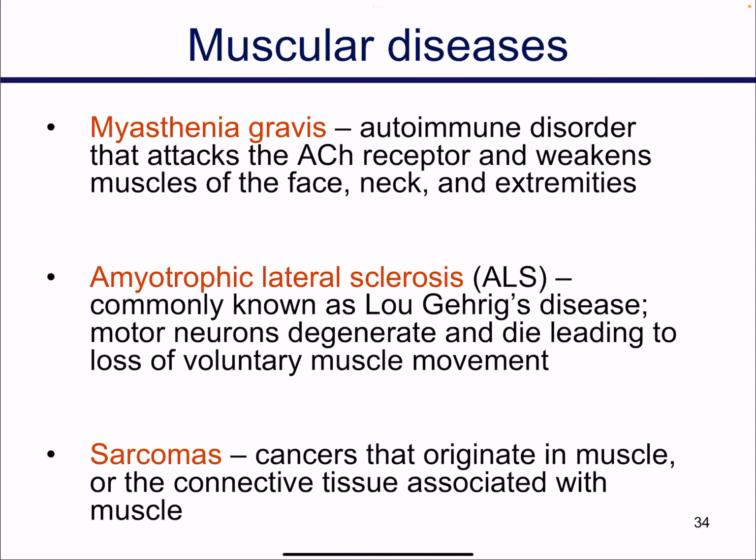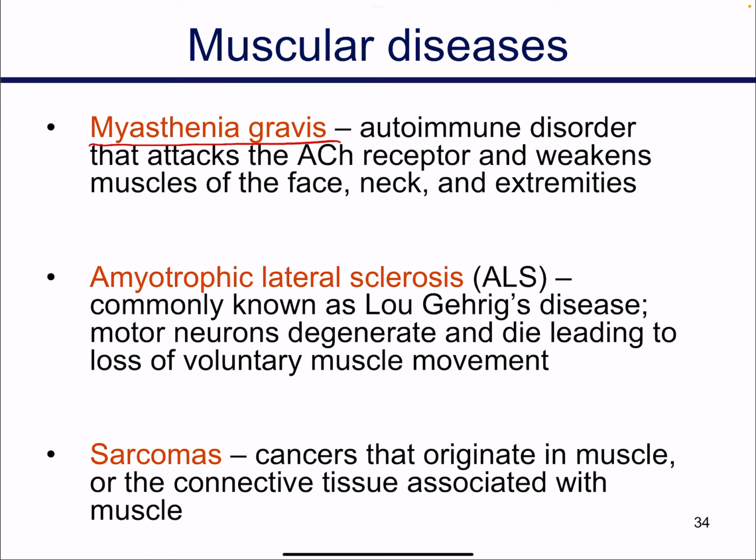And yeah, we have myasthenia gravis. Myasthenia gravis is an autoimmune disorder where our immune system is targeting acetylcholine receptors. You know that when acetylcholine is released, it goes and binds on acetylcholine receptors. These receptors are sitting in the sarcolemma, right?